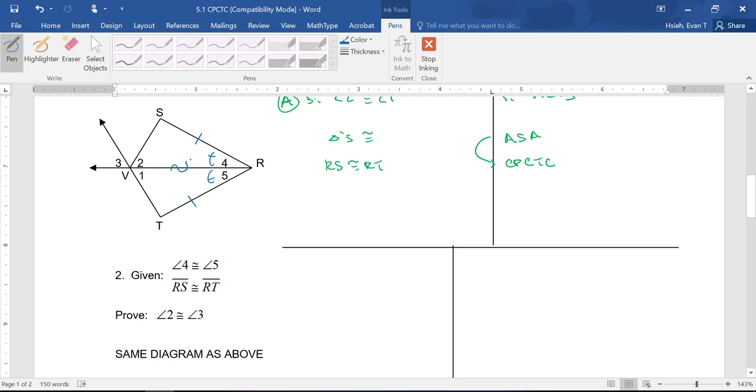So here I have the triangles are congruent to each other already by side angle side. And then you're trying to get 2 congruent to 3. Well, I know that 2 and 1 are already congruent by CPCTC.